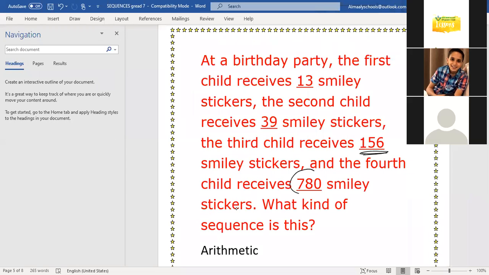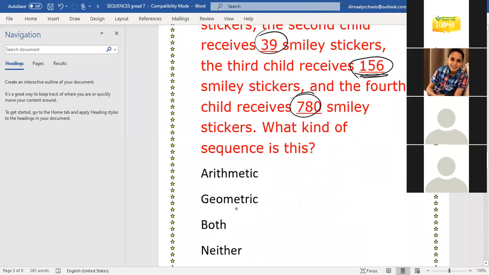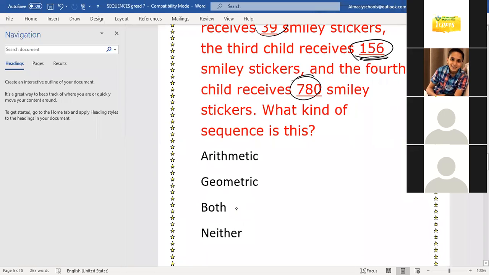And the last one is 780. Can you see the numbers? It's geometric. 13, 39, 156, and 780. The question is, what kind of sequence is this?